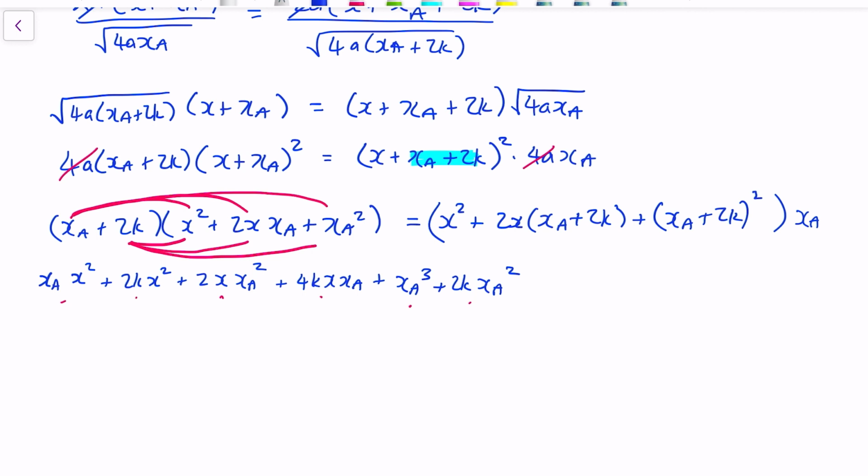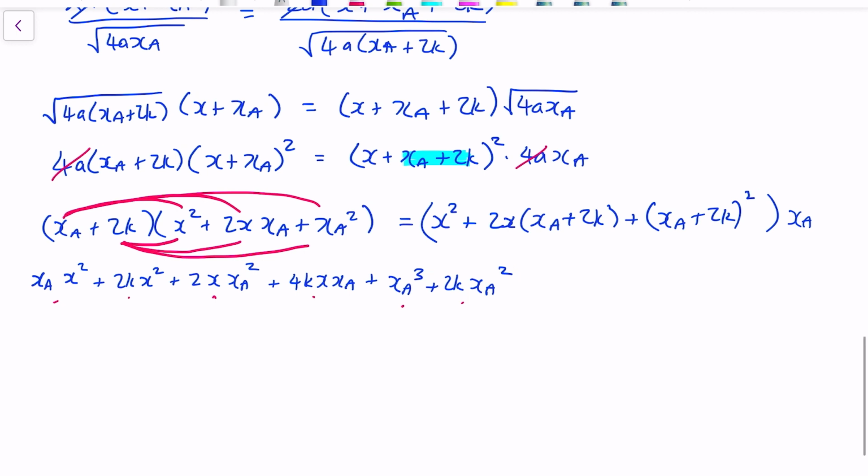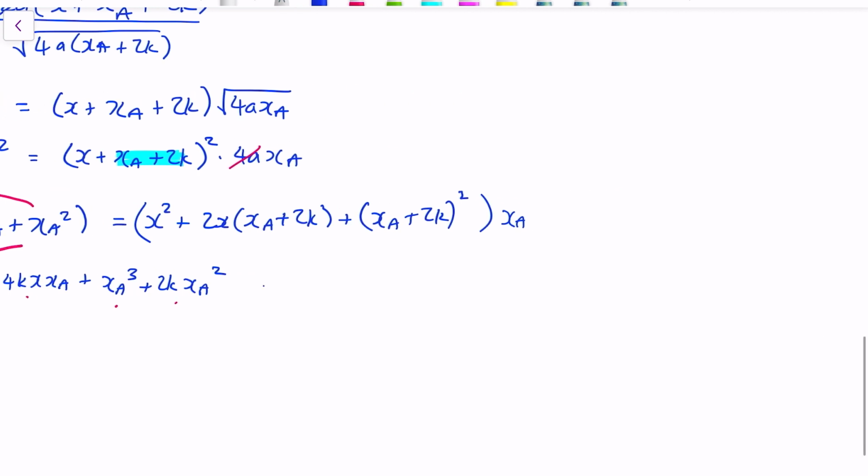Alrighty. Now the right-hand side's even worse. Equals x squared xa. That was a nice term. Plus 2x xa squared, because there's another xa at the end of the brackets.